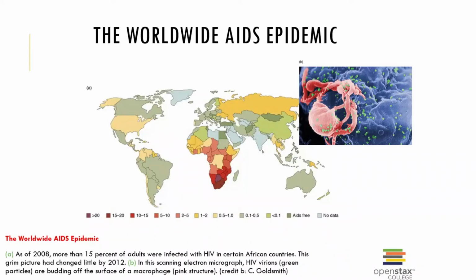AIDS can take many years to develop if it's not treated. And just to bring the science piece in, you can see in that small picture here under letter B, if we look at this micrograph, we can see the green particles that are budding off of the surface of the macrophage, which is the pink structure.